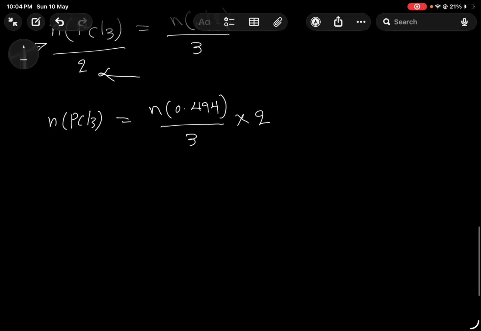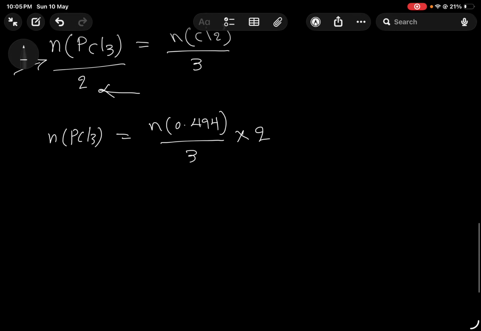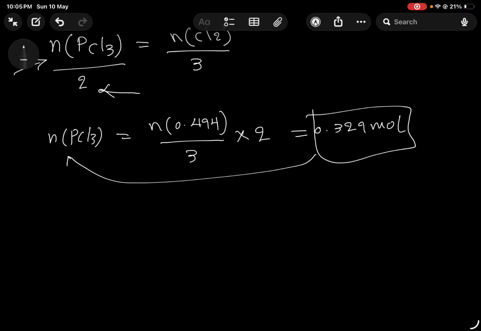If we use a calculator to find this, we're going to get 0.329 moles. Now we have found the mole of the product that we are trying to find. The mole of PCl3 is equal to 0.329.